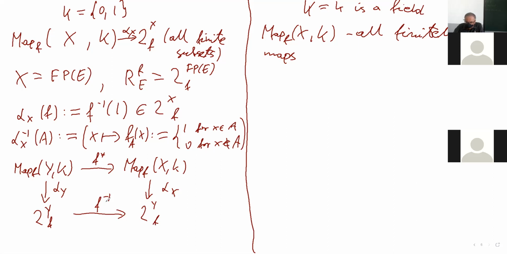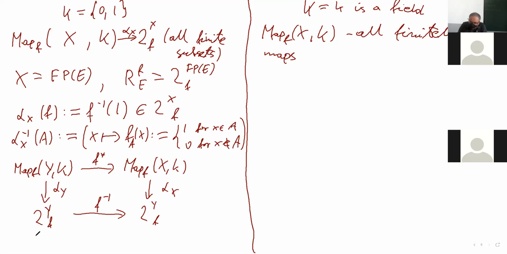Well, we checked it before, nothing changes. The only thing that I had to emphasize right now is that this finite-to-1 translates, this finitely supported, translates into finite subsets and so on. And I think that we can check the commutativity of this diagram.